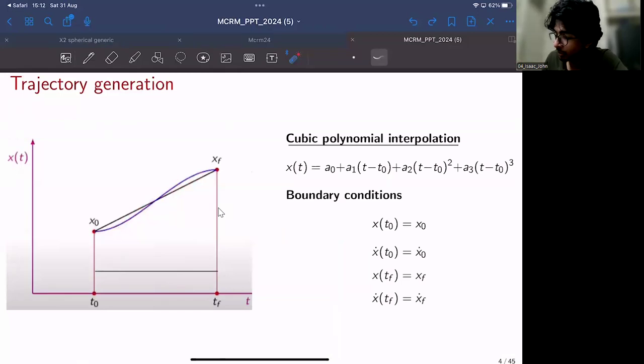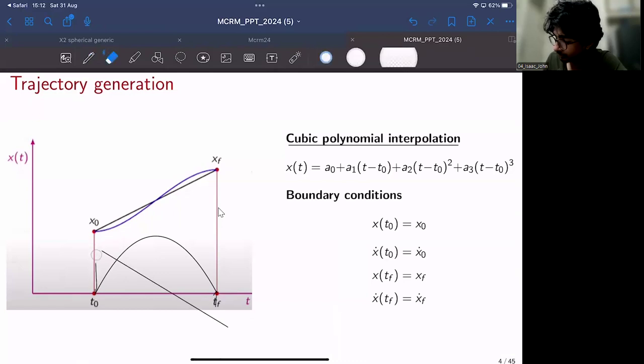If the position coordinates are a third order polynomial, how would the velocity look? If you take the derivative of a third order polynomial, velocity would be parabolic, like so. And acceleration would be like a straight line, very finite.